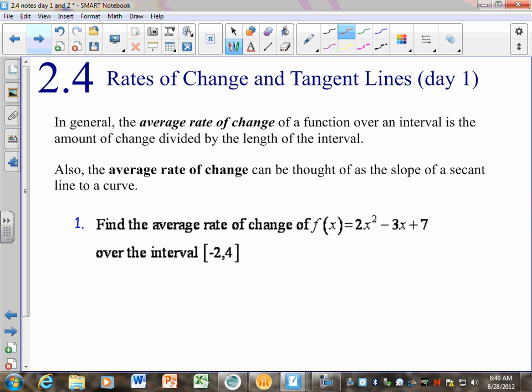Well, that's really just saying your rate of change. And remember, we talked about on that first day, if you want to find your average speed, you take your total distance divided by your total time. Well, we can do that with anything. So for your average rate of change, you're going to take the total change that happened, and you're going to divide by the length of the interval.